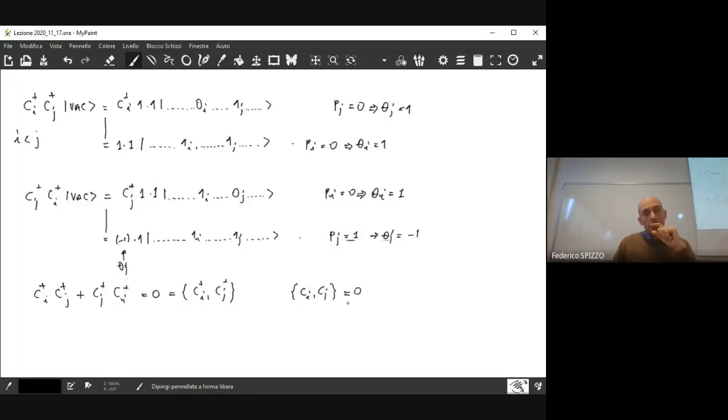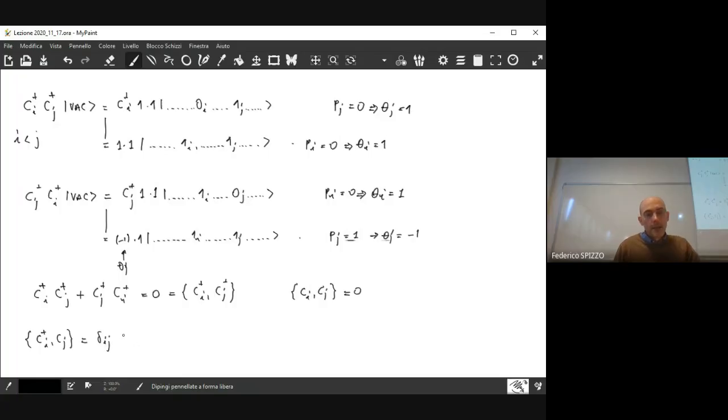One additional relationship that we will need for the calculation is this one here. The anticommutator between a creation operator and the destruction operator, and in this case, what you have is delta ij.